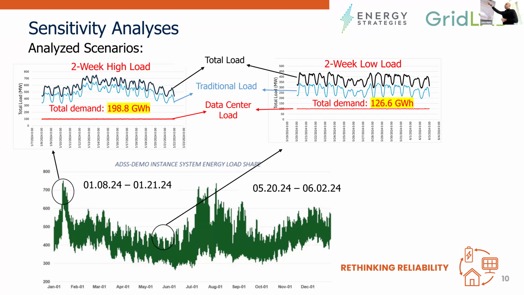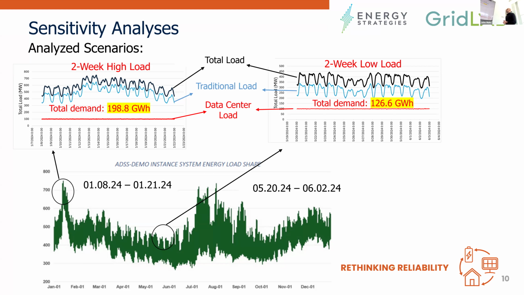You can see the load profile up there. It is split into traditional load and data center load. The data center load is assumed to be almost flat, about 100 megawatts. You can see the traditional load in blue and also the total load.